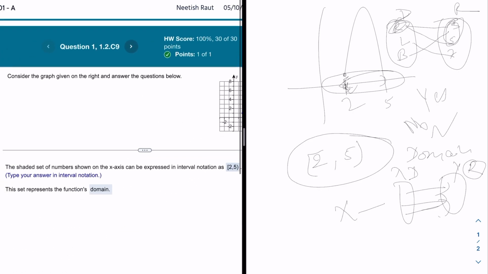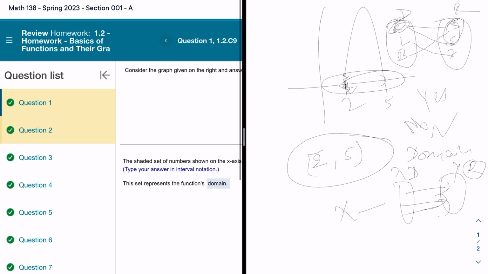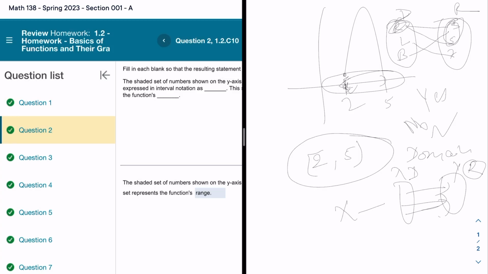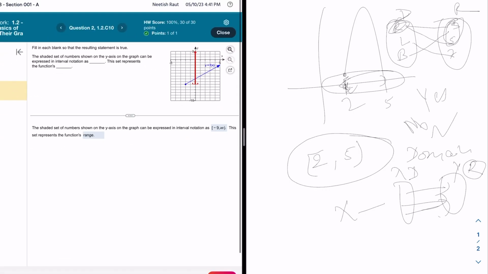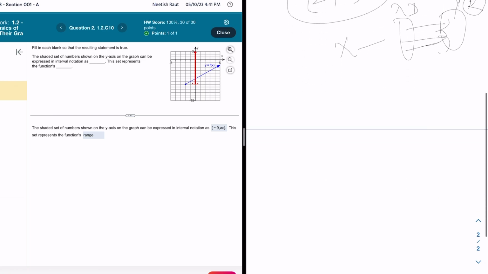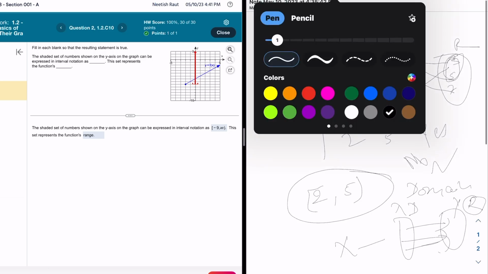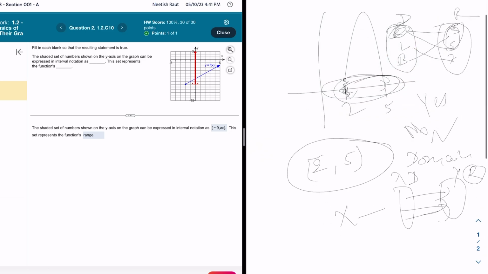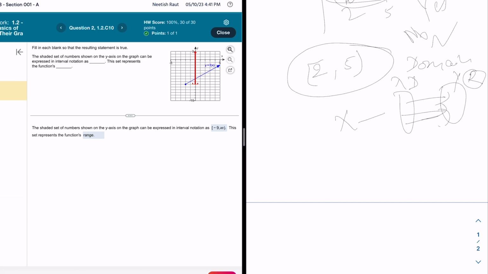Let's jump to our question number two. Fill in the blank so the resulting statement is true. The shaded set of numbers shown on the y-axis of the graph can be expressed in interval notation. In the first question, they asked about the x-axis. Now they are asking about the y-axis, which is also called the range.